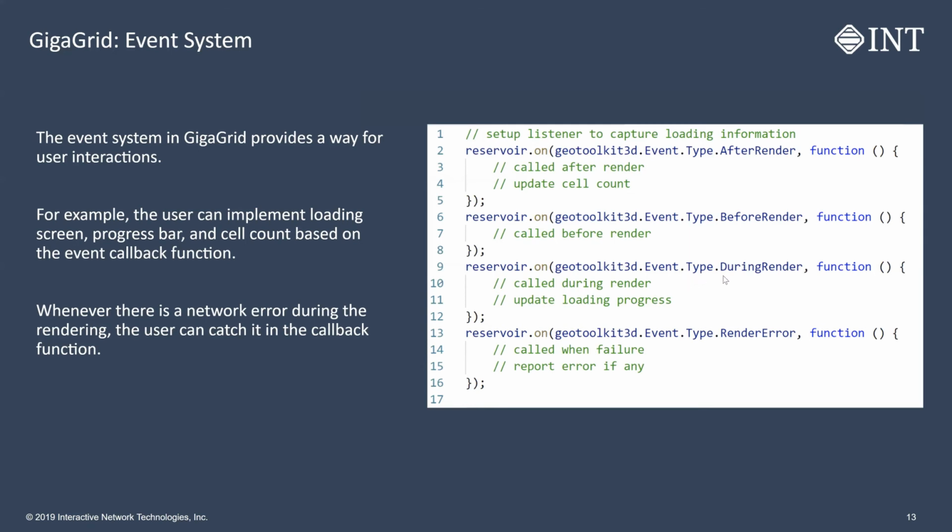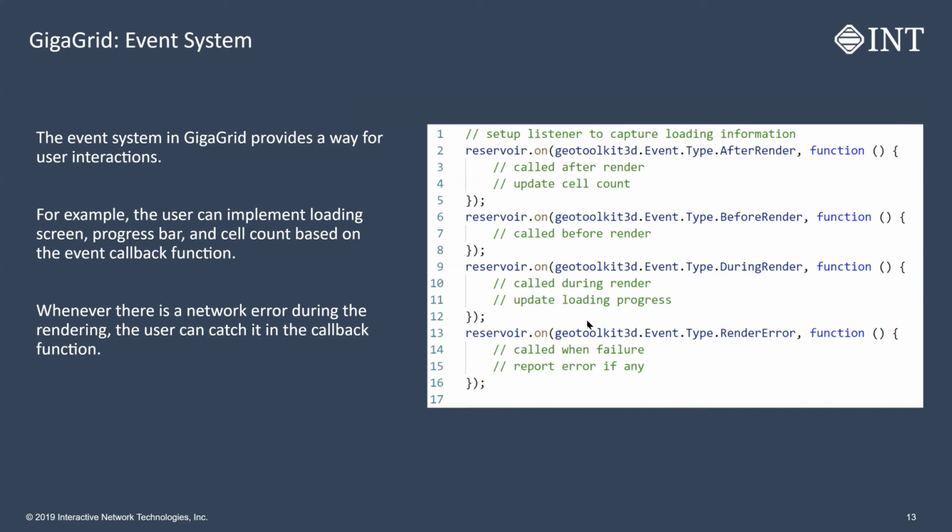During render, this callback function is triggered during the rendering. For example, the GigaGrid is rendered 60 times per second, which means we have 60 FPS.